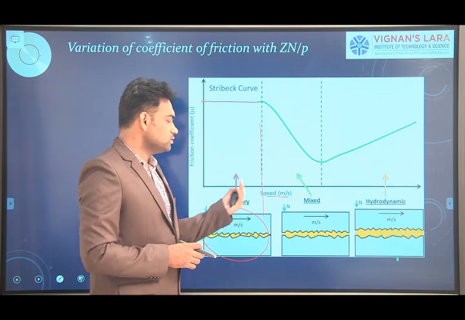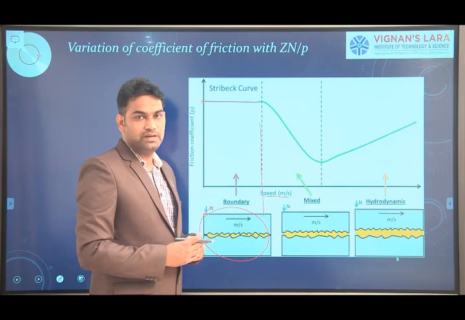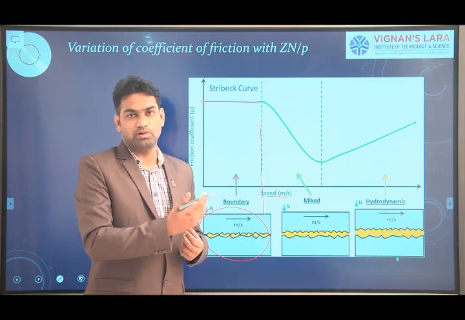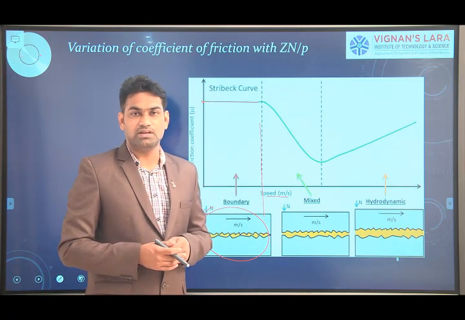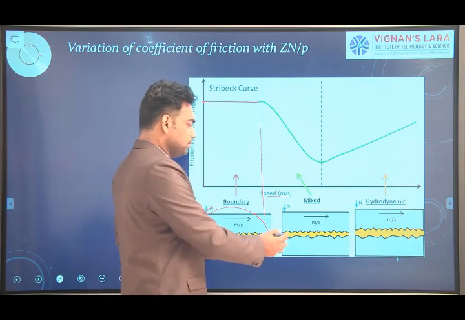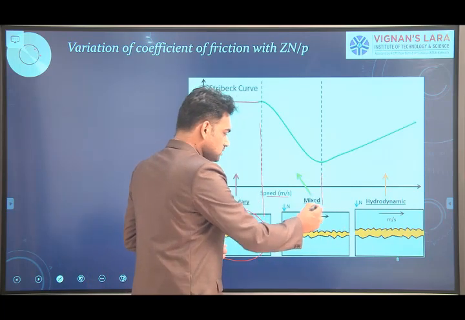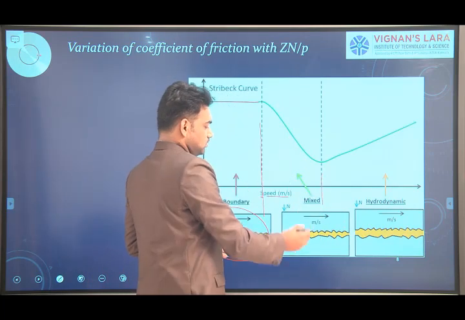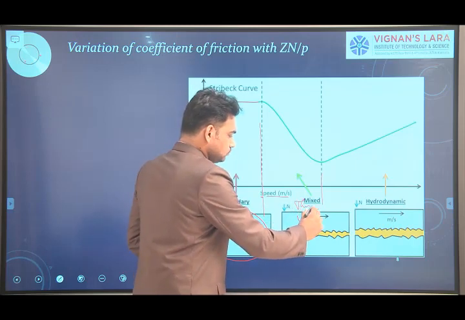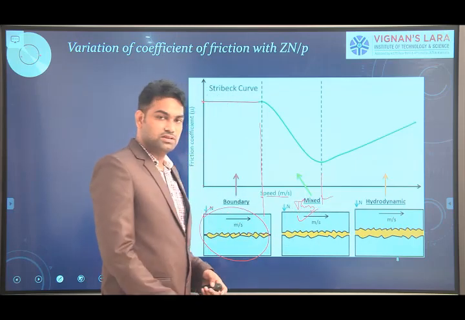So I'm coming to the slow speed. With the increase of speed, the journal tends to slide upon the surface and forms some inclination, so that a thin layer of lubricant can be formed up to this region. In this region the layer of lubricant is a thin film, and we also call it mixed lubrication.